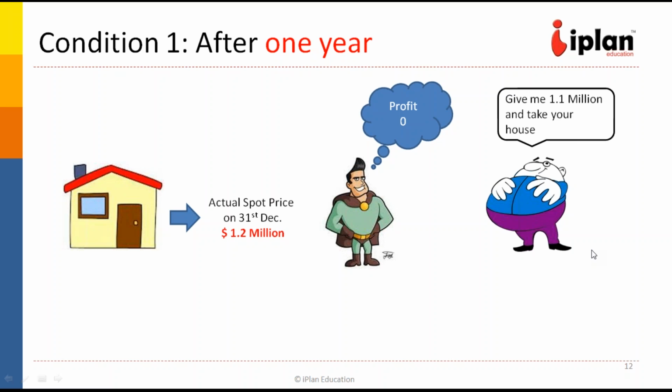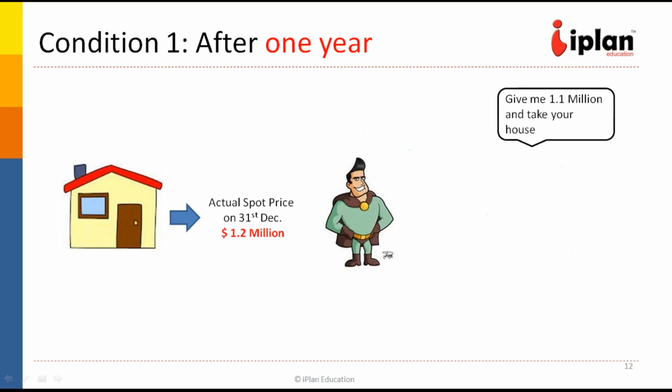So I have paid the premium amount, that was $100,000, to the seller. But I had a deal. The price of the house, the strike price, was 1.1 million. So my total would be 1.1 plus 0.1, that is 1.2. So 1.1 is my strike price.